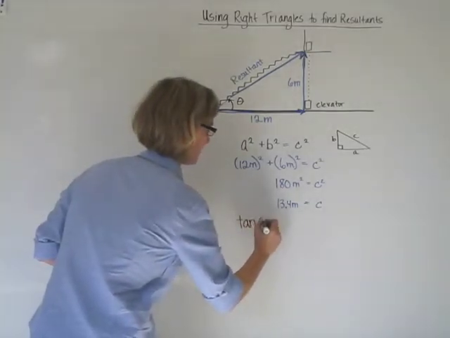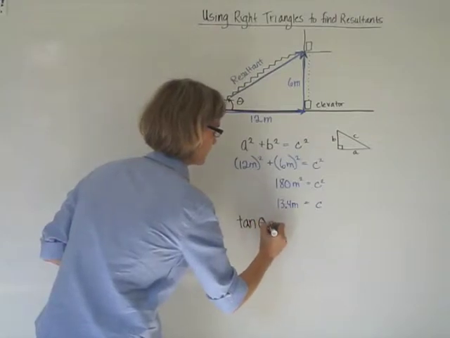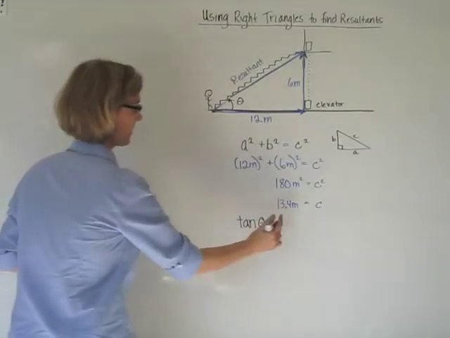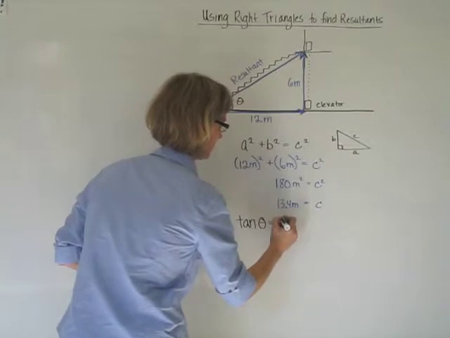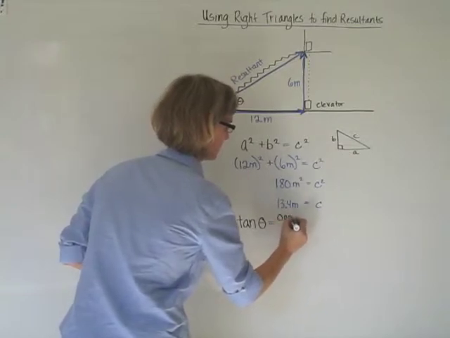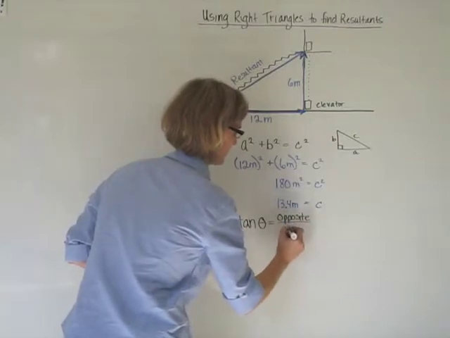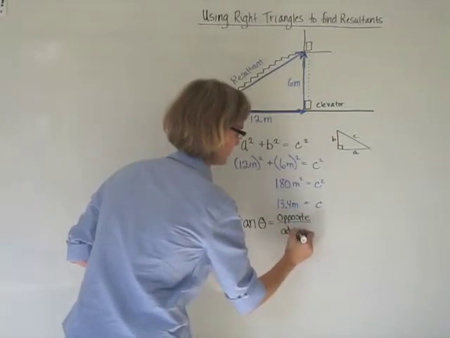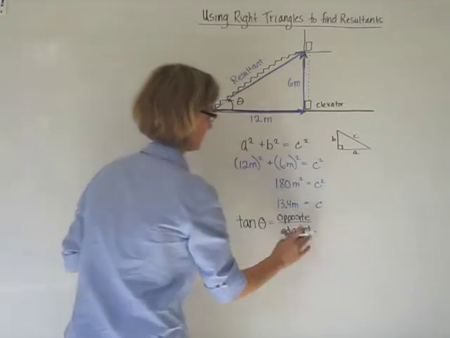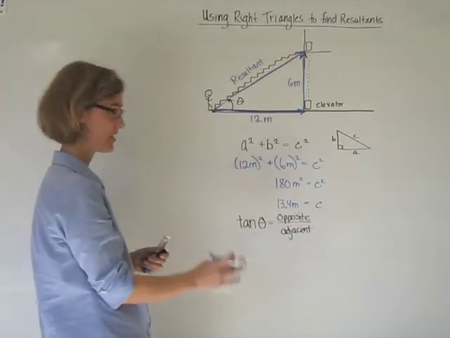The tangent of angle theta is equal to the opposite side, whichever leg is opposite the angle, over the adjacent, meaning the leg of the triangle that is adjacent to the angle.